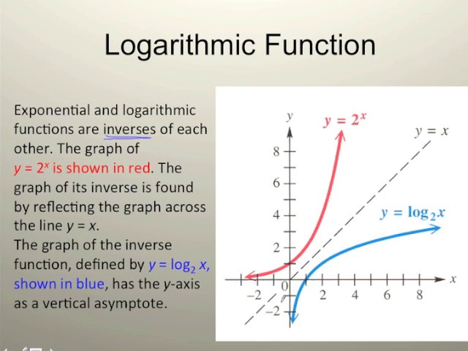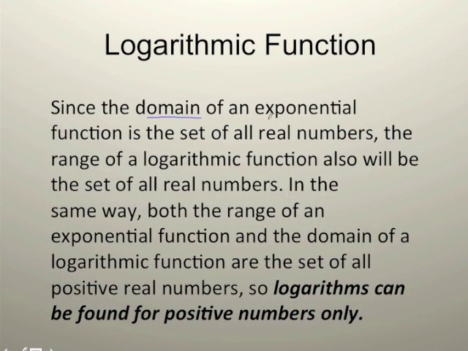So the same shape. Now, instead of having the x-axis as a horizontal asymptote, you can see we now have the y-axis as a vertical asymptote. Since the domain of exponential functions is all real numbers, and domains and ranges for inverse functions are reversed, the range of the logarithmic function is all real numbers.